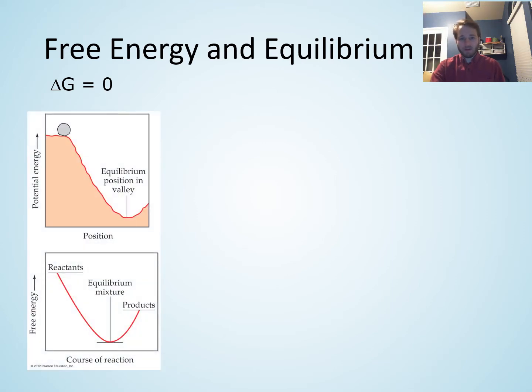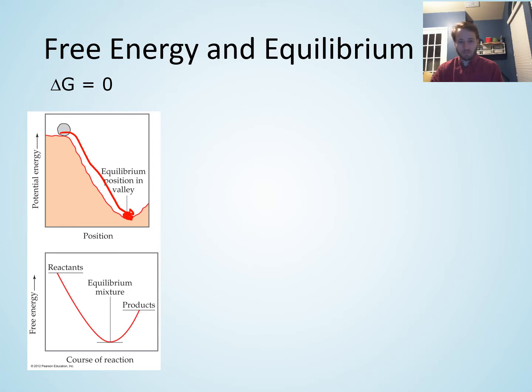You can think of your chemical reaction as sort of like a ball rolling down a hill. You have the ball on top of some hill, push it down, it rolls down and reaches the bottom. If there's no friction, it oscillates back and forth, but let's pretend there's friction, and the ball settles at the bottom of the hill. The bottom of the hill is where you're at equilibrium in a chemical reaction.